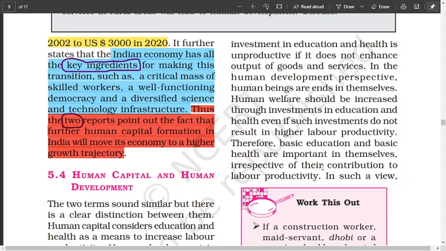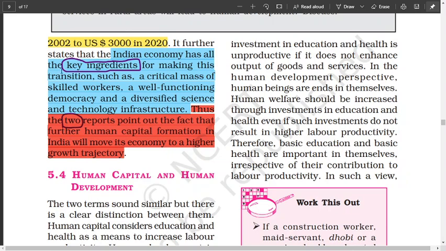So you can understand that we have population. They are human resources. So if we can enrich and strengthen these human resources with factors like health, education primarily, and training and information.